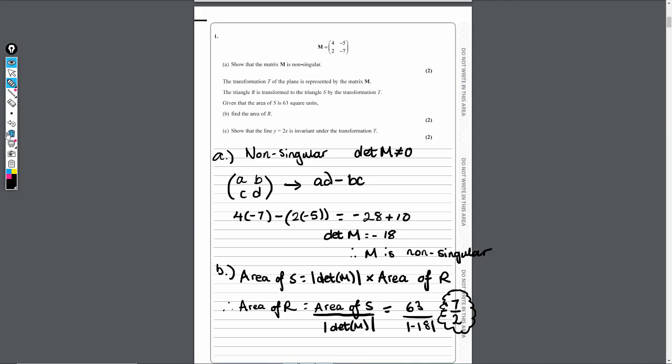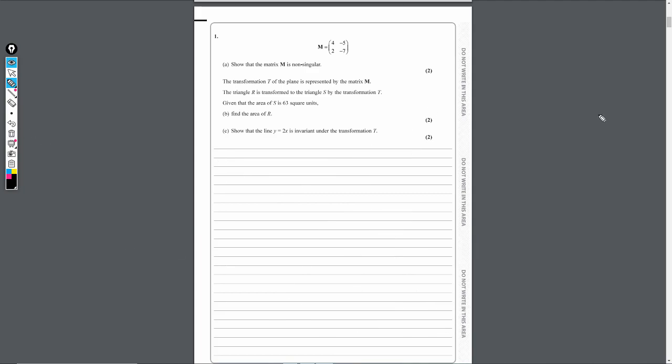Finally, for part C, we have to show that the line y equals 2x is invariant under the transformation T. Remember that an invariant line of a transformation is one where every point on the line is mapped to a point on that same line. So we have y equals 2x.